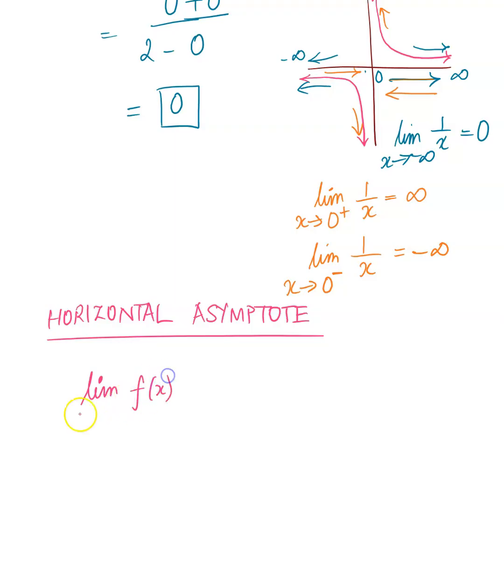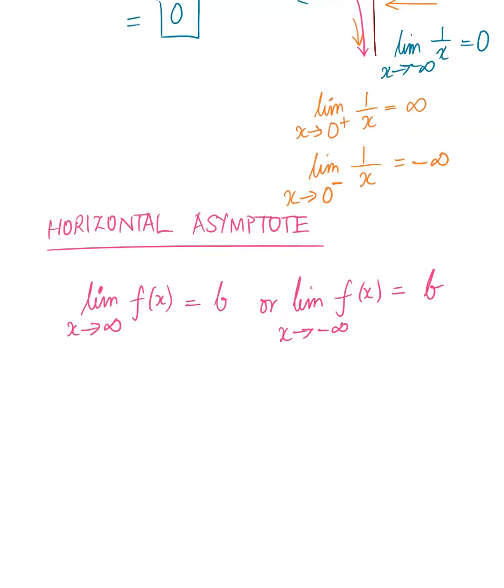So the limit of f of x as x approaches infinity will be some value b, which is the horizontal line, okay? Or it could be the limit of f of x as x approaches negative infinity, which could be that b. And that's what we saw in the case of 1 over x, that b was basically 0. So when we went towards positive infinity or towards negative infinity, we got a 0.